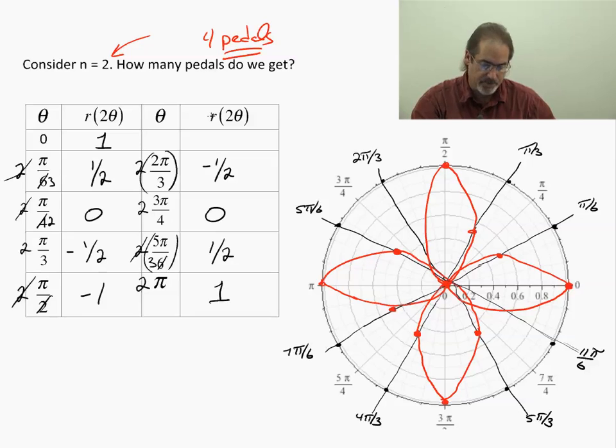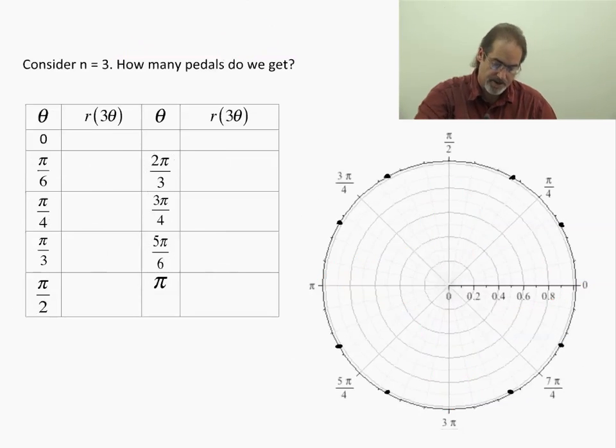Okay, so what happens when n equals 3? For n equals 3, r equals cosine of 3 theta. When theta is 0, it's still cosine of 0, so I would get 1. This is going to be 3 times pi over 6, so that's pi over 2, which is 0.